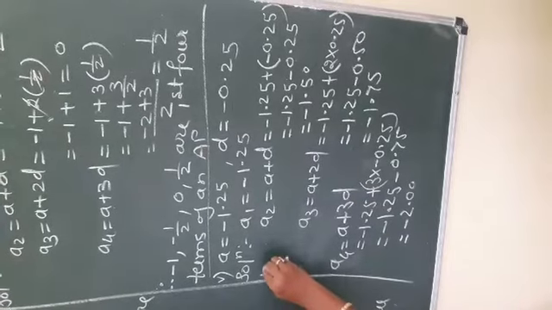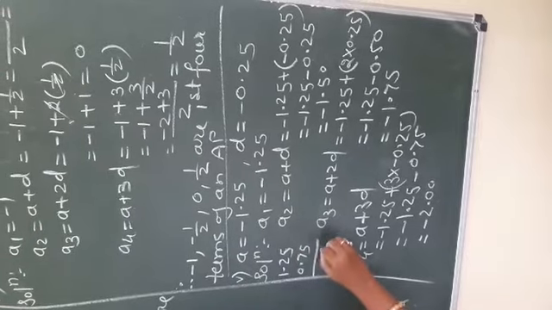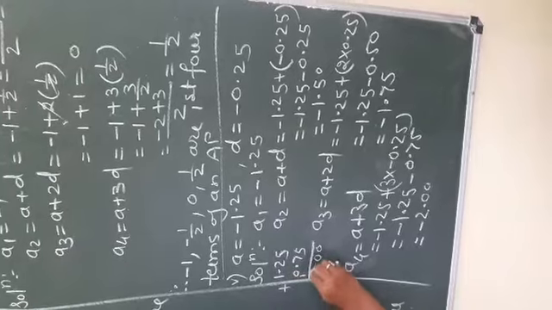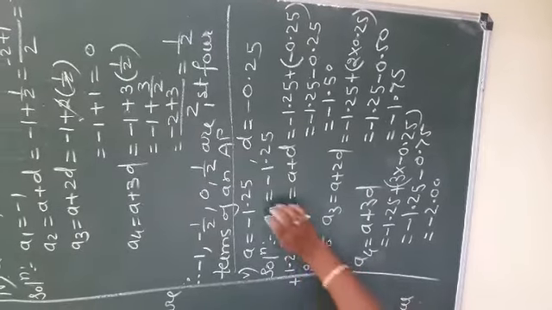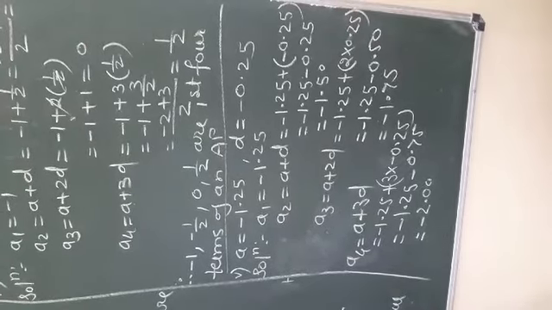Addition everyone knows: 1.25 plus 0.75, this is 0, this is also 0, and we get 2.00. So this is -2.